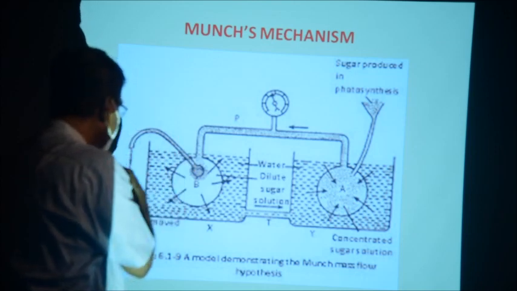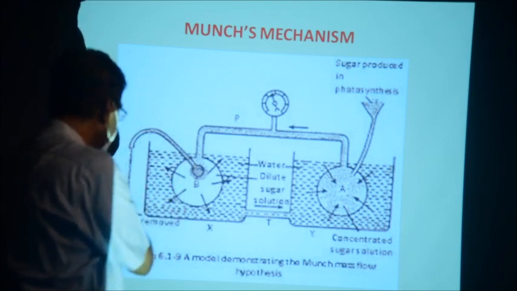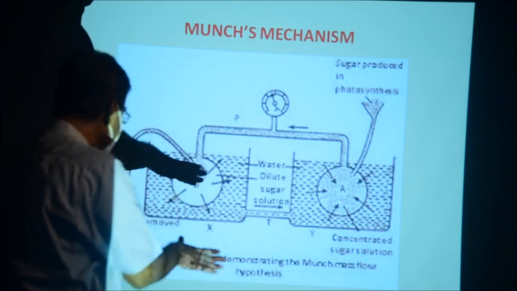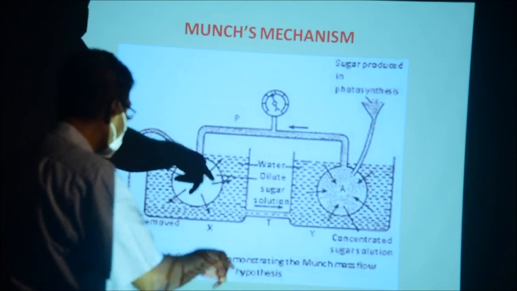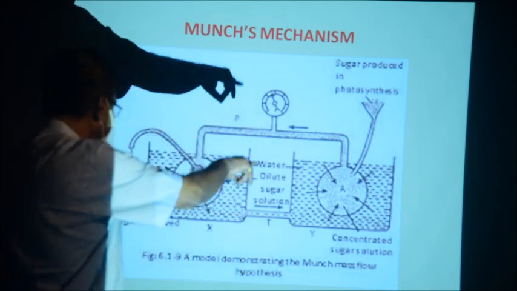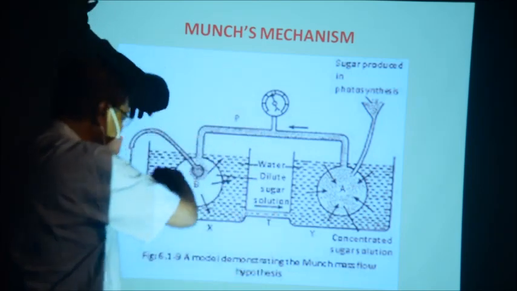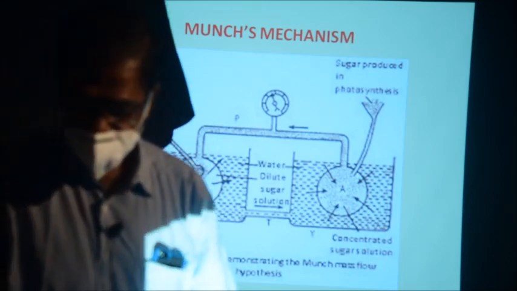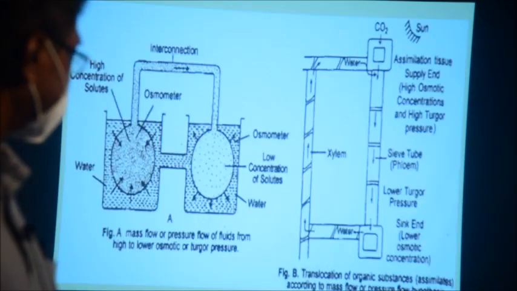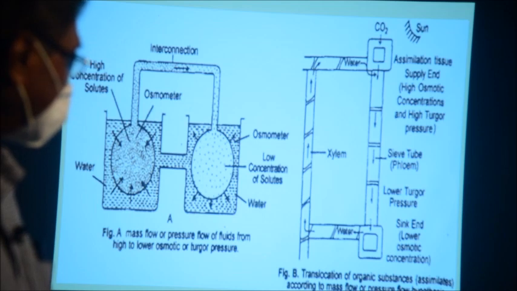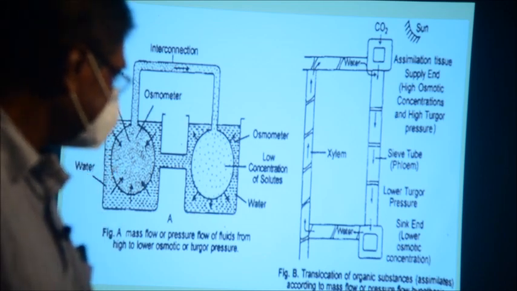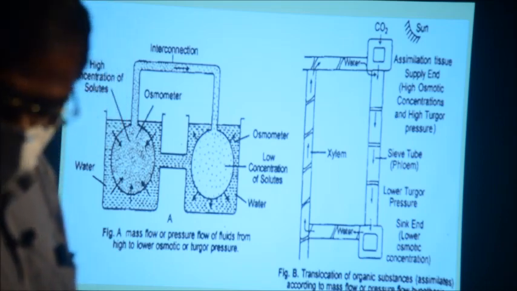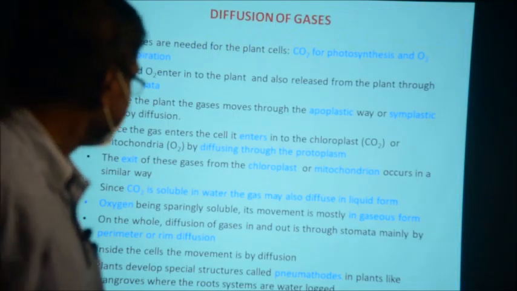At the sink there is unloading, and from the sink water again comes out, and this moves through the xylem back to the system. So, there is a mass flow of movement which is responsible for translocation of organic solutes. This is also called Munch's hypothesis.